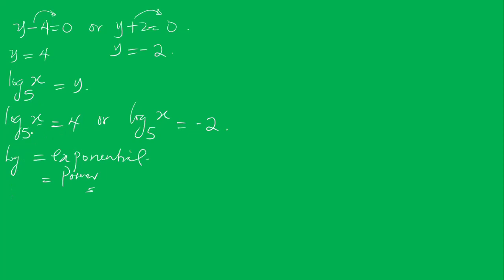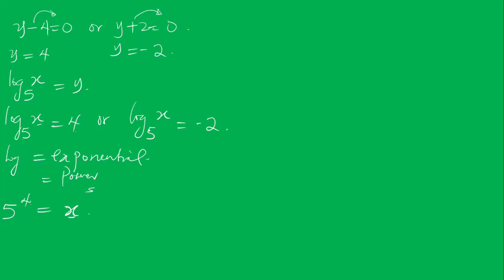The log of x to base 5 is 4, meaning 5 raised to the power 4 is equal to x. So the log of x to the base of that number is a power, or the exponential. So this is the expression.